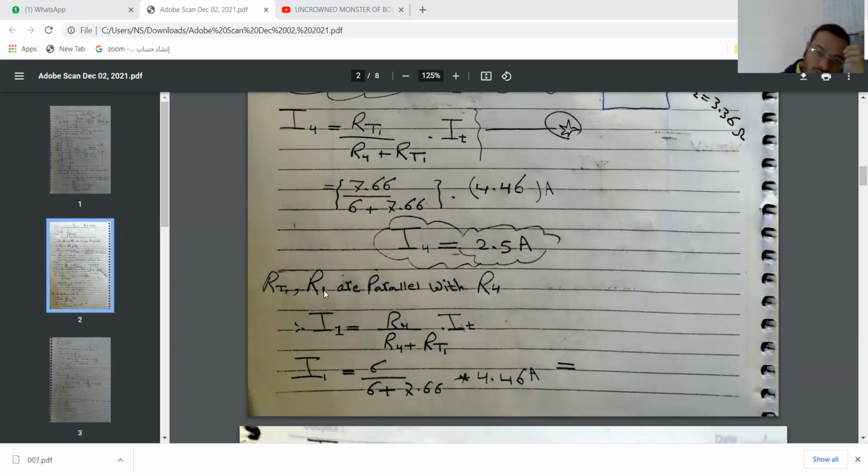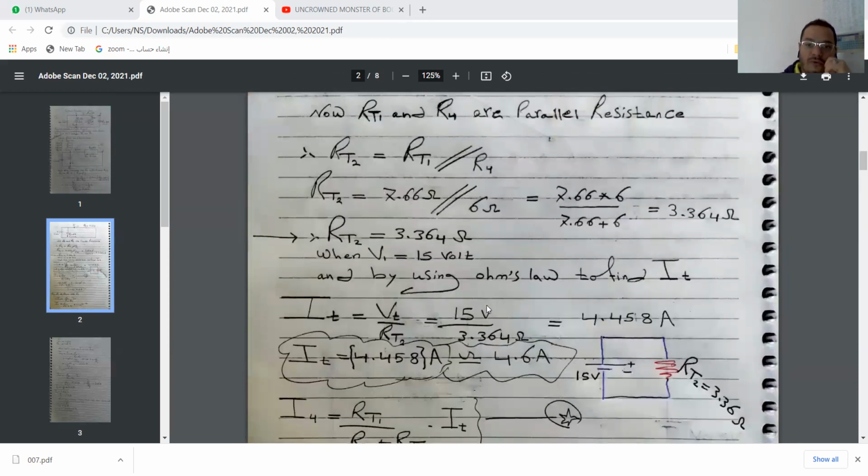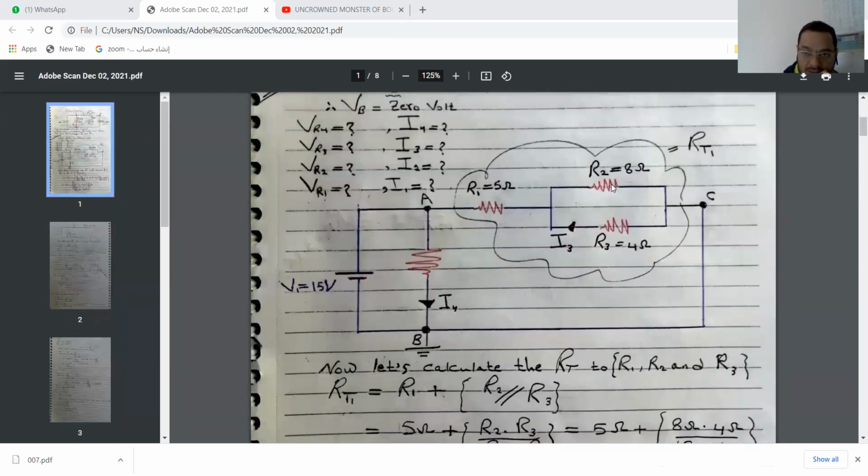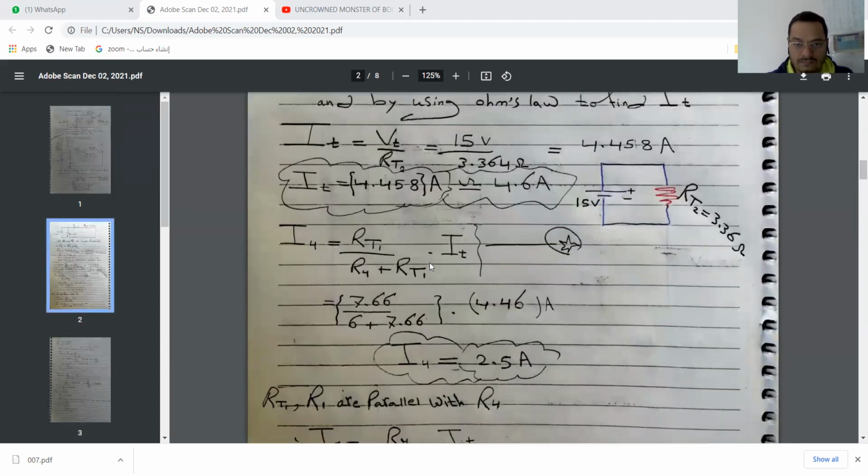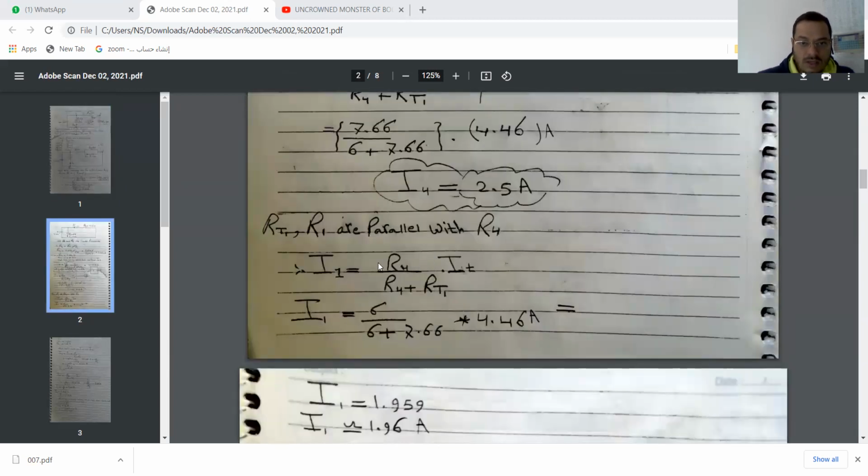RT1 parallel with R4, and that means RT1 and R1 are parallel with R4, like that. We can say these resistances are RT1 and this R1, or we can say RT1 equals all of these. Their last result is parallel with R4. Yes, I1 equals IT times R4 divided by R1 plus RT1.